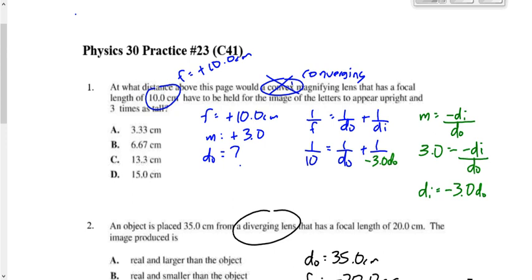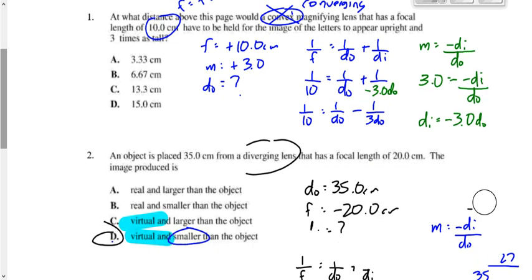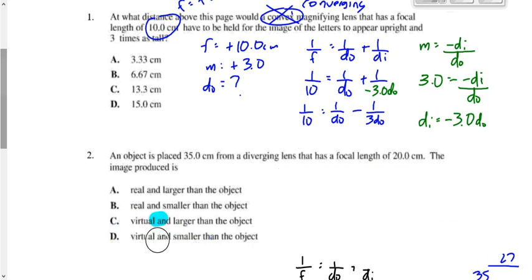I want to simplify this a little bit. I want to say 1 over 10 is equal to 1 over DO, subtract 1 over 3 DO. I just want a positive DO on the bottom. That's the same thing, isn't it? 1 over negative 3 is the same as subtracting 1 over 3. Now, usually we can use that little calculator trick. Here we've got to do a little fraction addition. We're going to say 1 over 10, find a common denominator here.